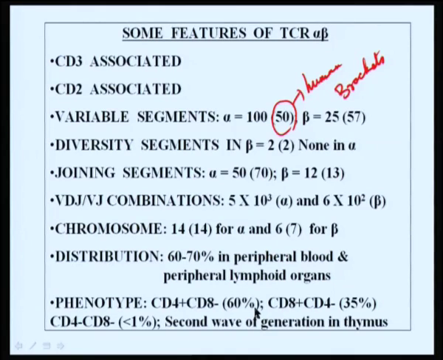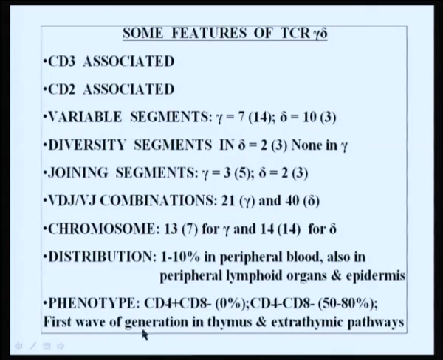Basically, this is a general figure which applies both to humans as well as mouse. More importantly, the null phenotype, the CD4 negative and CD8 negative phenotype, is less than 1%. The alpha beta cells are generated in the thymus as a second wave, and the first wave are the gamma delta T cells, of which 50 to 80% are CD4 CD8 negative.